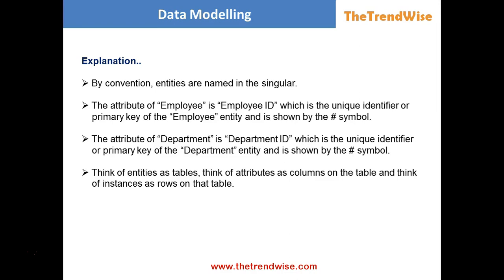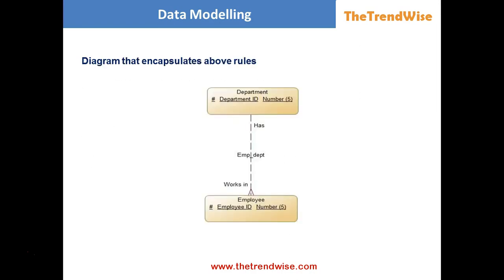If you see here, it's not departments, it's department. Although we are saying a department has multiple employees, we don't name the employee entity in plural. We say just employee, because it's denoting an instance. Every instance of an entity is denoted by this name.